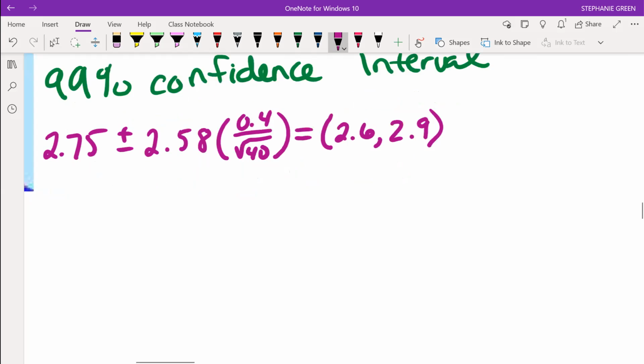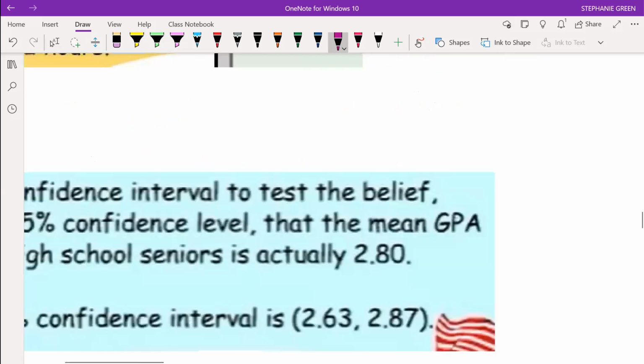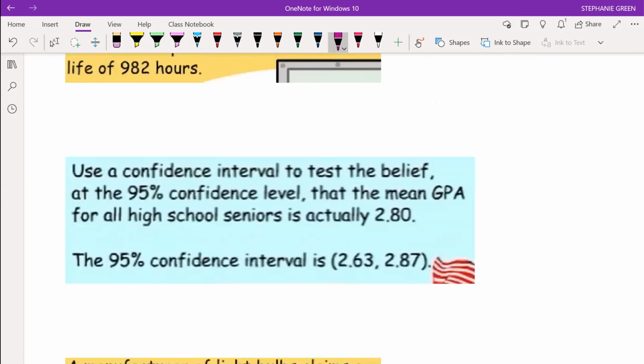So moving down to the second part of this: use this confidence interval to test the belief at the 95% confidence level that the mean GPA for all high school seniors is actually 2.8. So the 95% confidence interval that we just calculated above was this. So is it possible that 2.8 is the true mean GPA and it is in fact not 2.75?